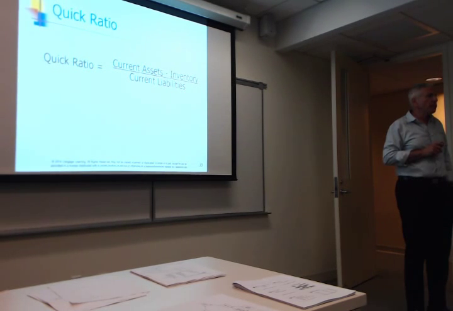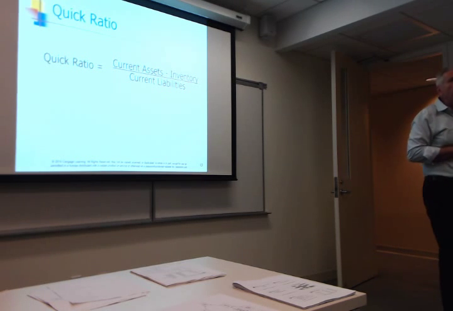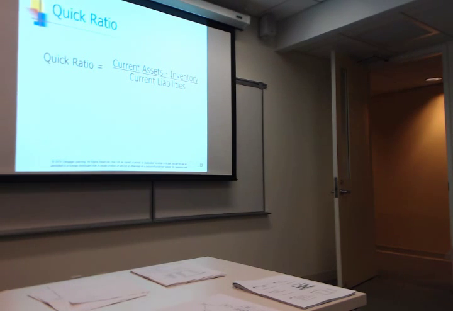Why do you think they do that? It's going to take some time to get rid of that inventory. Correct. Because if they're trying to measure how quickly you're going to be able to repay, let's say you've got old inventory or obsolete inventory.